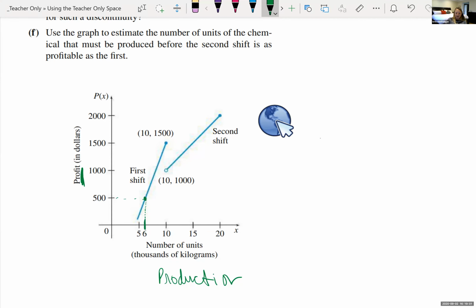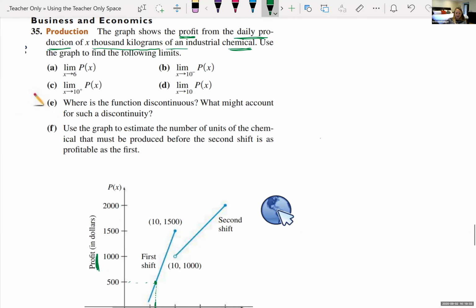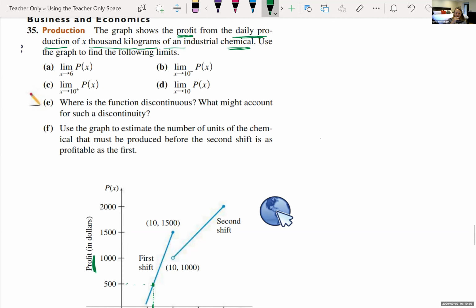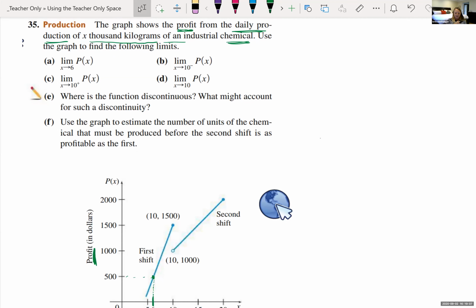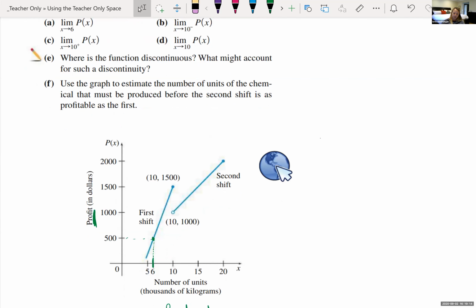So our profit would be $500. So the limit as x approaches 6 of P of x is equal to $500.